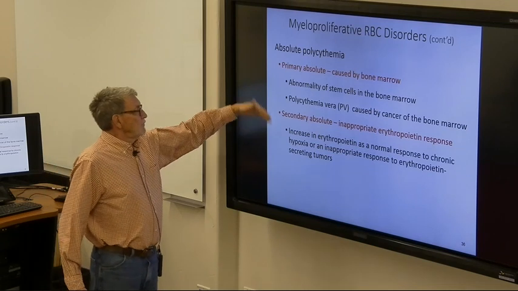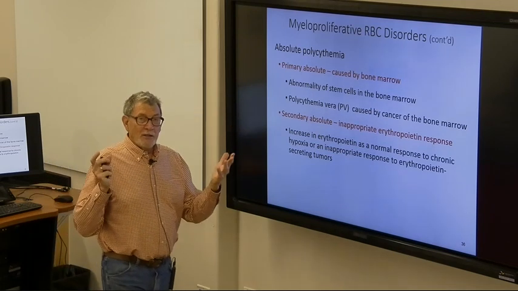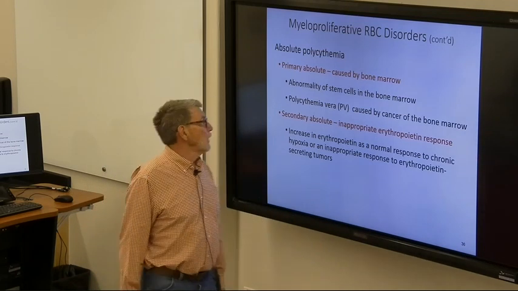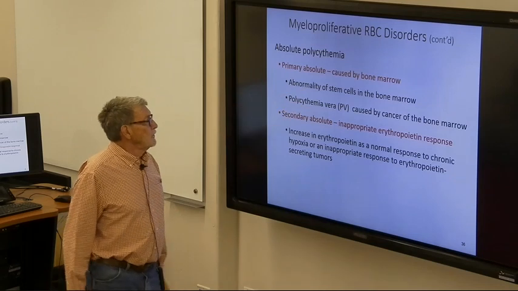A couple of different types of absolute polycythemia, which means that you haven't lost water, you're just making too many red blood cells, caused by the bone marrow.